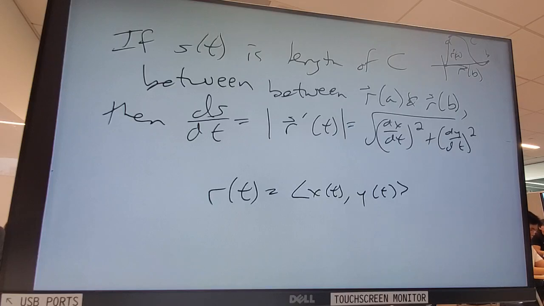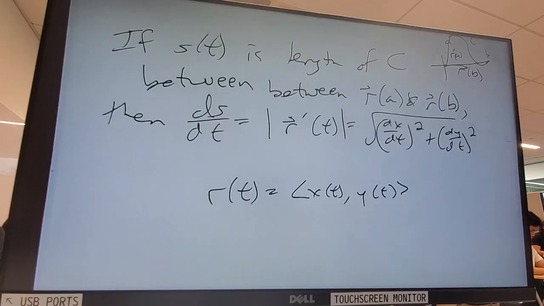But if I parameterize everything with respect to parameter change, it's easier. Not easy, but easier, because ds again is this trippy thing. We want x and y in terms of t, and then I can do this derivative really easily.